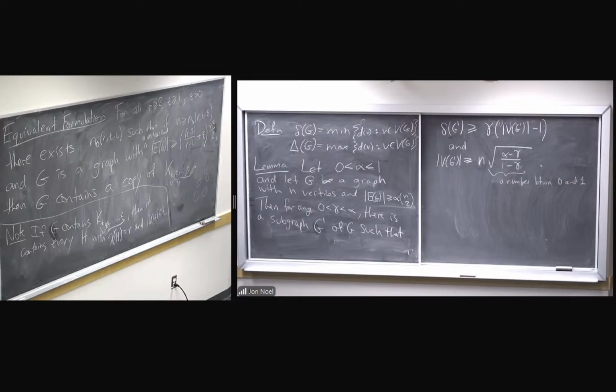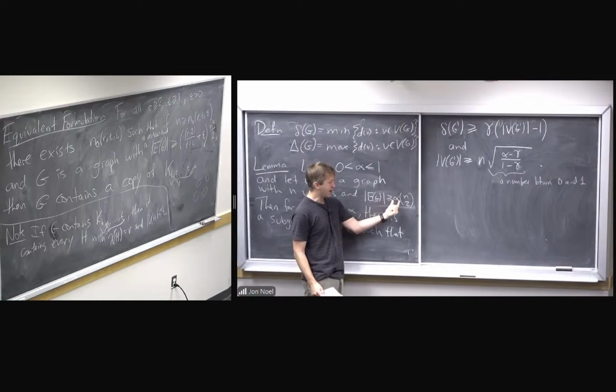Any questions about this statement? Okay. What I would really love to have is a graph where the minimum degree is like alpha, like G having minimum degree alpha times (n minus 1). That would be quite nice.